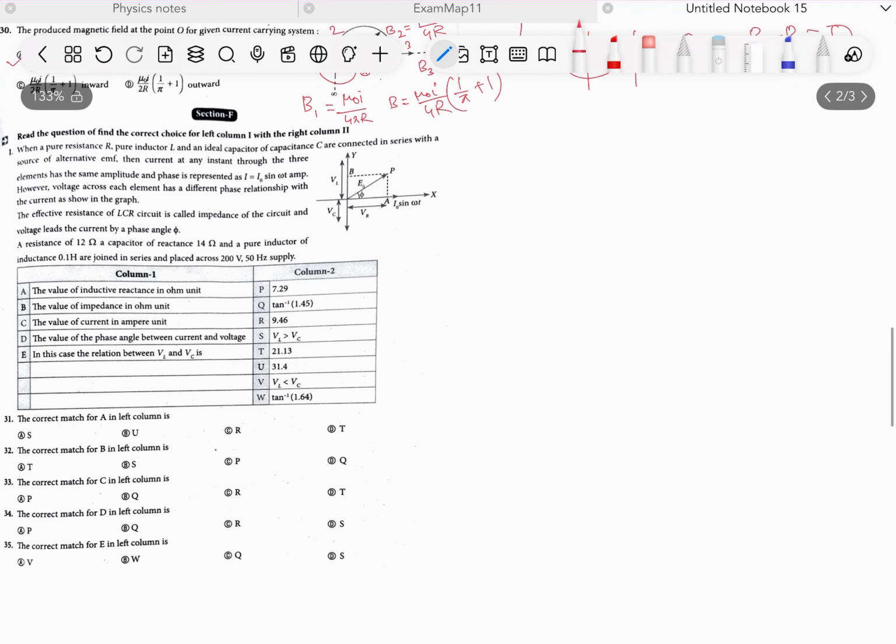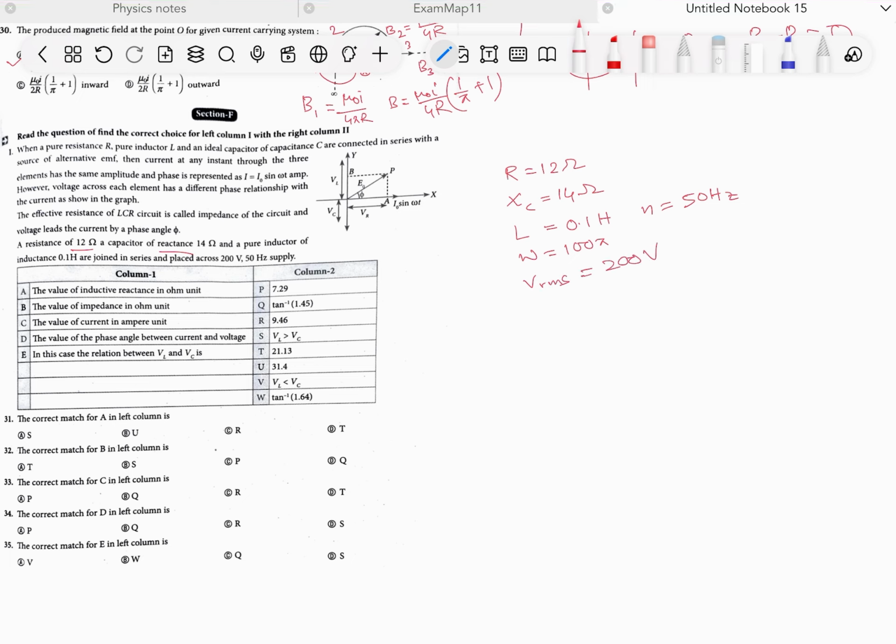Now questions number 31 to 35. Given the resistance R equal to 12 ohm, and X_C, the reactance of the capacitor, is also given as 14 ohm. L equal to 0.1 Henry, frequency N equal to 50 Hertz, so omega equal to 100 pi radian per second, and V_RMS is given as 200 volt.